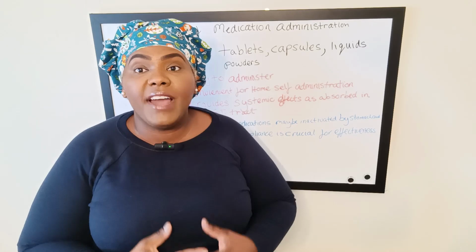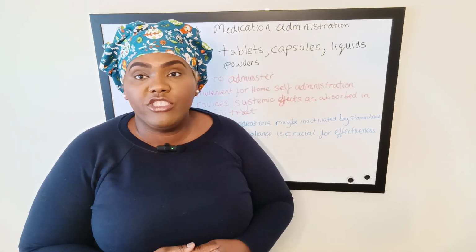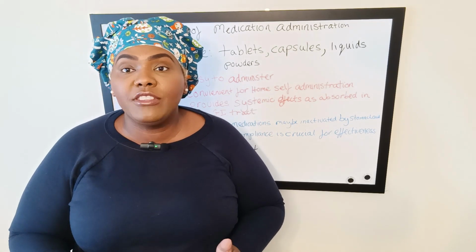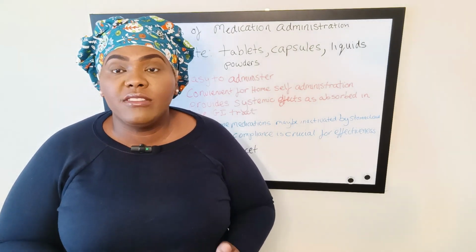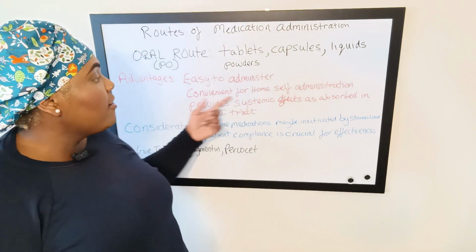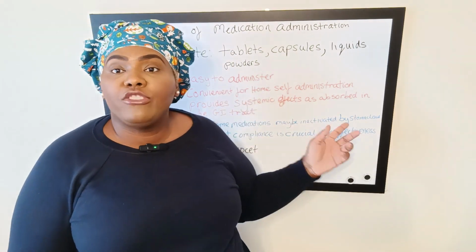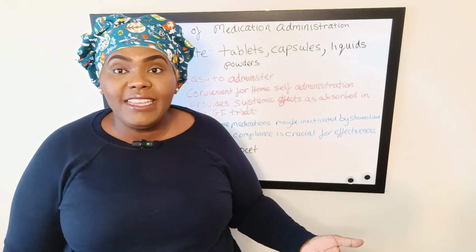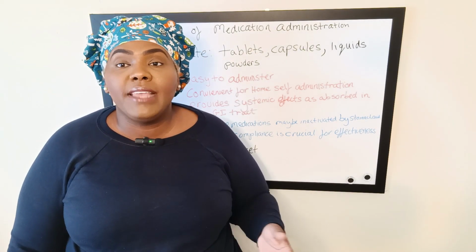Some of the advantages of oral medication is it is easy to administer. Once a patient can swallow, we can give it to the patient. Remember, oral medications come in the forms of liquid, tablet and capsules. We also know it is convenient for home self-administration. So we don't have to keep our patients in the hospital longer than they need to because we can send them home on their medication.